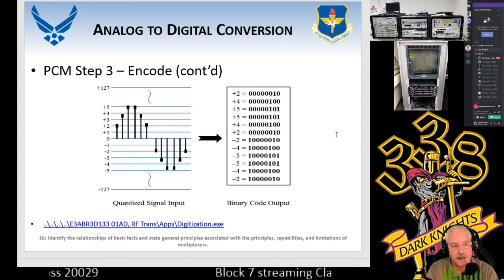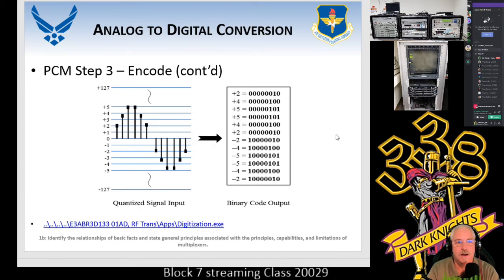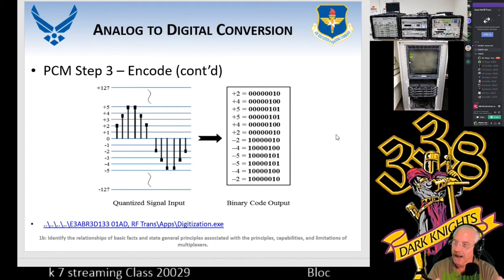So you can see the table on the left-hand side as far as the quantization and sampling that's going on there. But on the right-hand side, in that table there, you can see how the words are coming into play, this 8-bit word. So anything that's a positive 127, you can see from 0 all the way over to the next to the last digit, that's the information that you need.